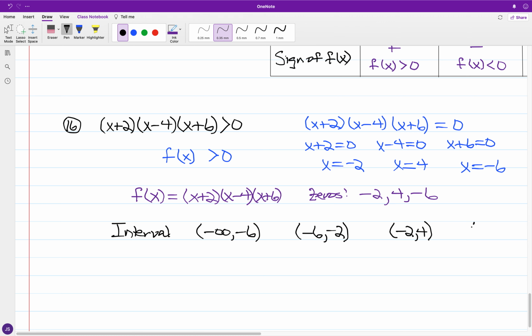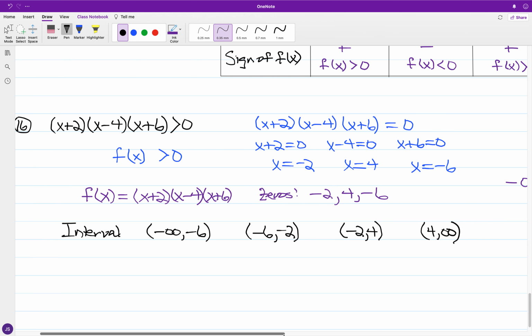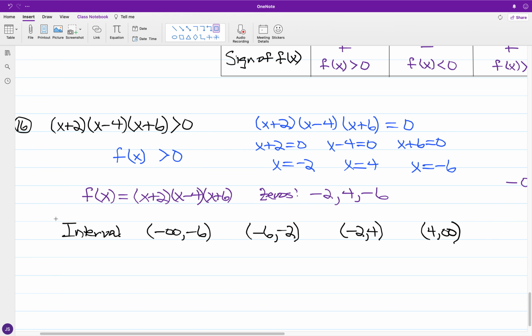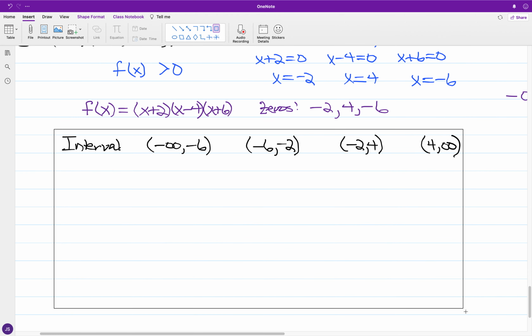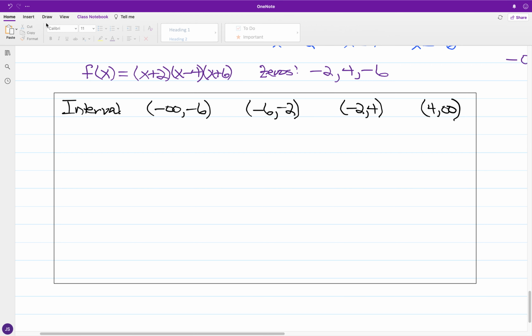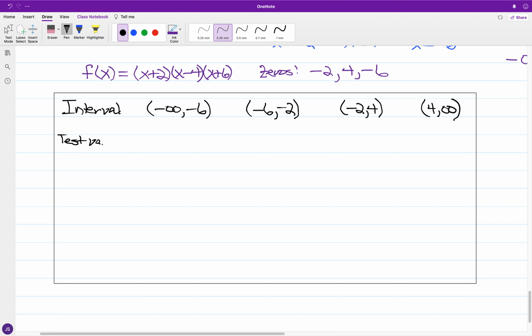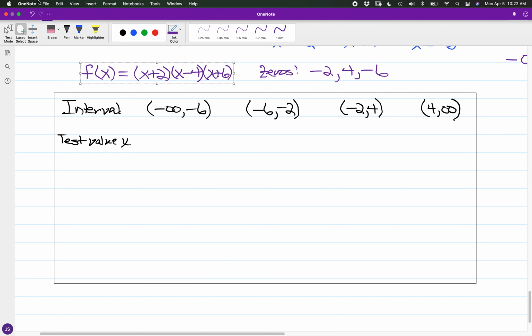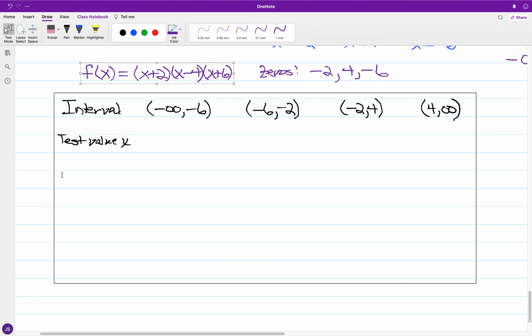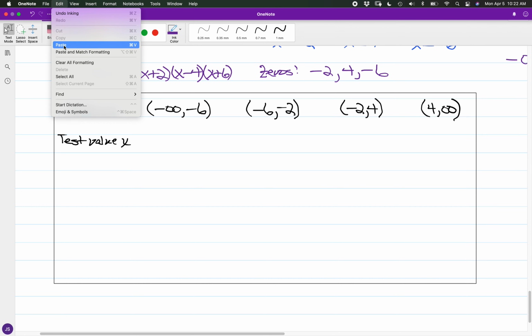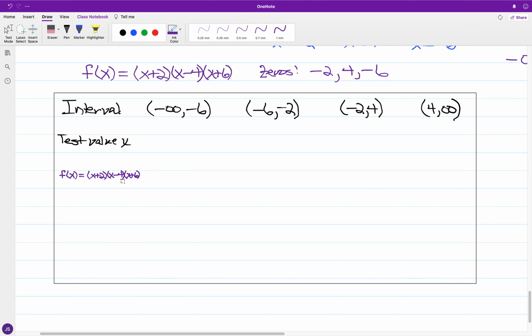The last interval section will be in reference to those values x greater than 4. And just setting things up here.